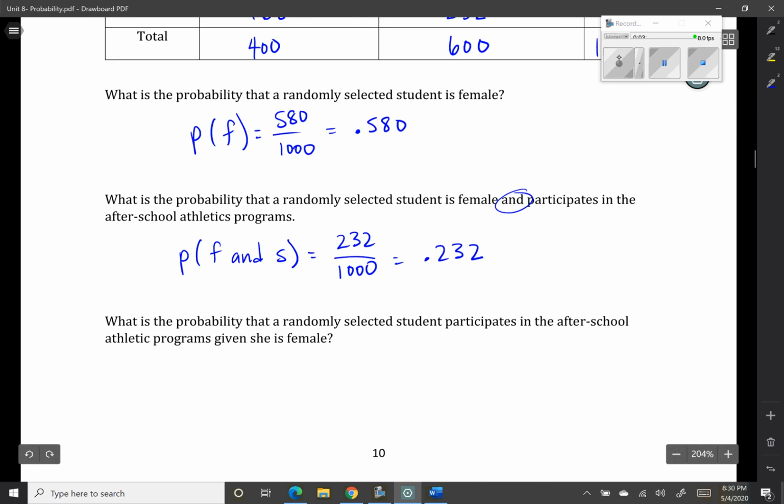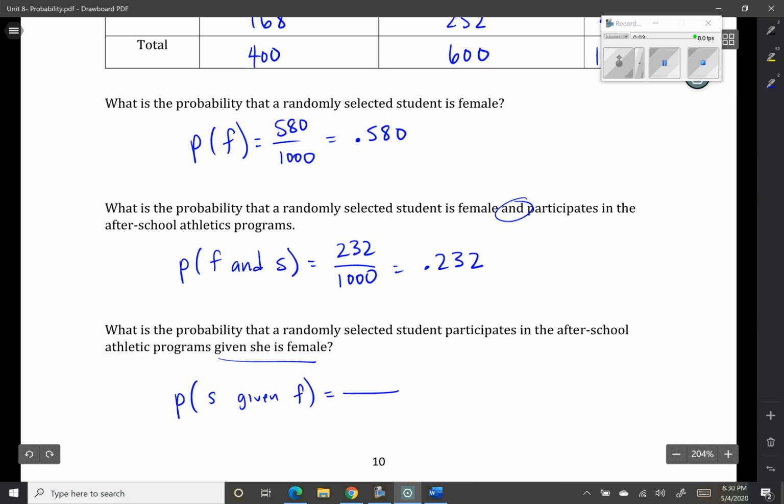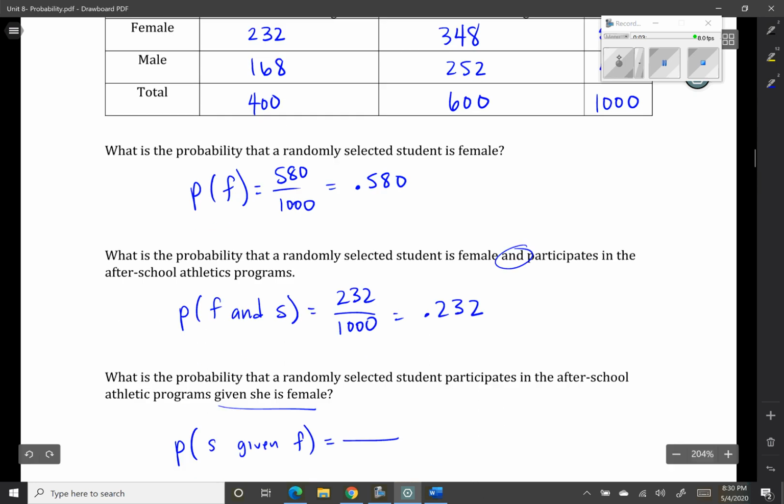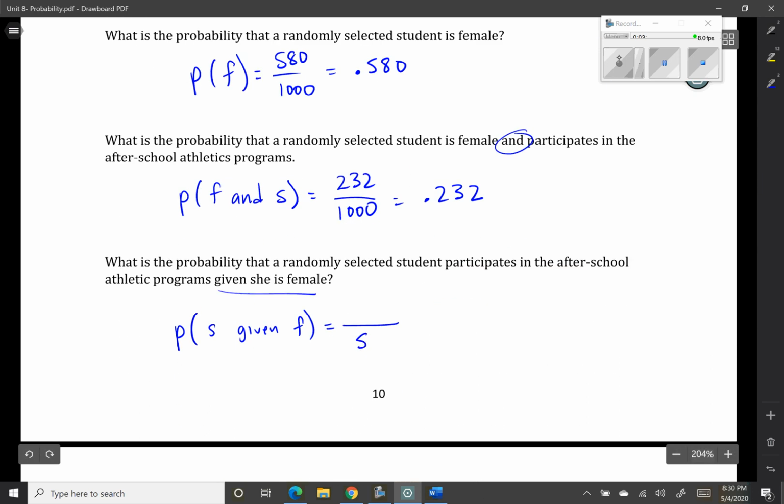It then says, what is the probability that a randomly selected student participates in after-school activity given she is female? So we're going to say, what is the probability of sports given female? So that is going to be just the females. There are 580 females in the school, so that's going to be the bottom number, right?